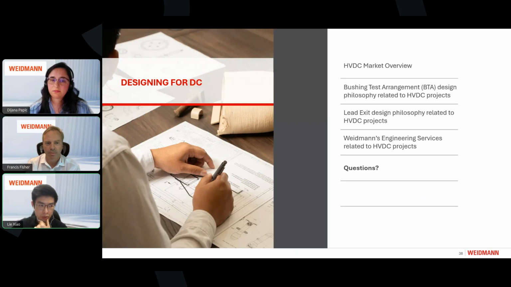So in short, the fundamental difference between HVAC and HVDC is that you cannot simply scale from HVAC experience. The HVDC design is much more complicated because it's conductivity driven, and you need to think about the space charge and polarity reversal, and there are also quite some design constraints behind it, so you need to find the optimized design between different aspects.